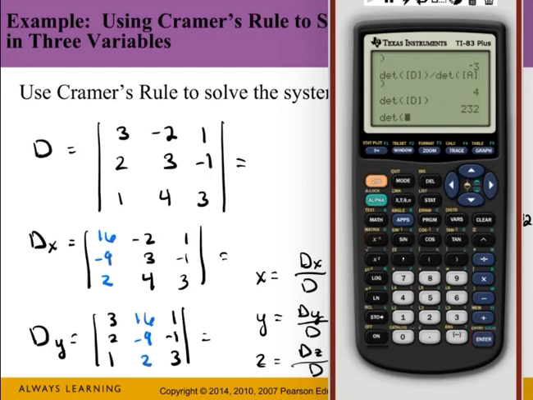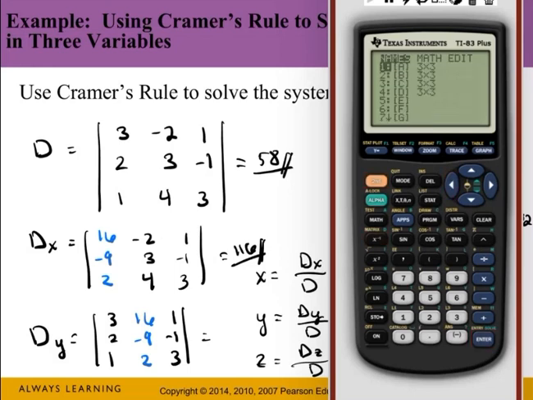Determinant of, what is that? A. Matrix. This one. That one was 58. That one is our B. That one was 116. And that one is C. Let's go like this. C is 3. We got a negative 174.